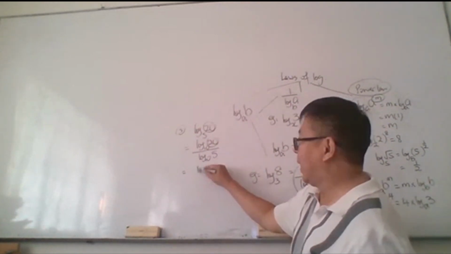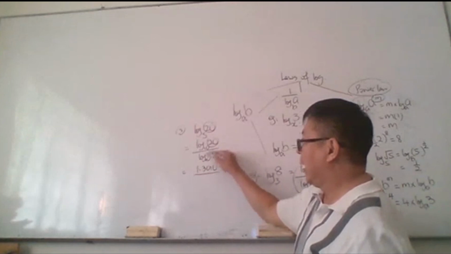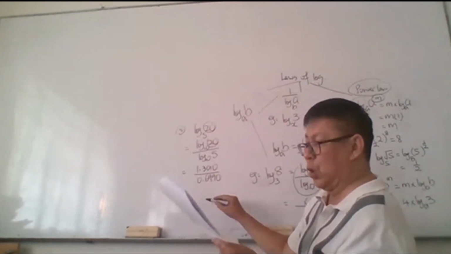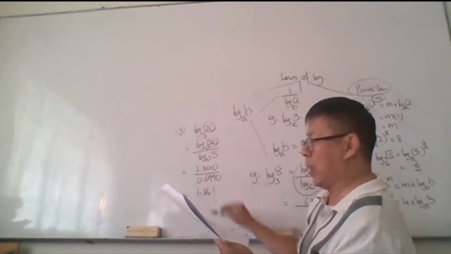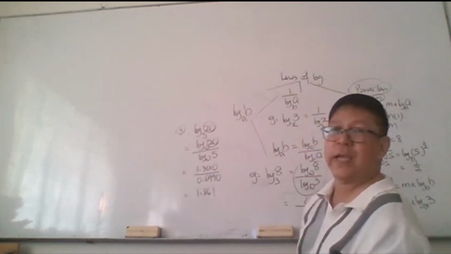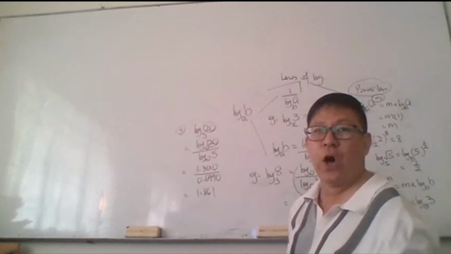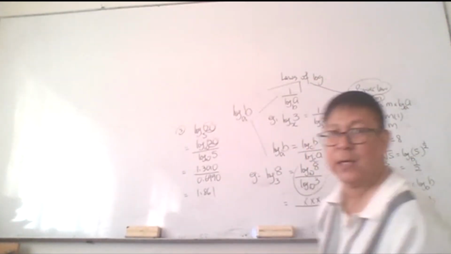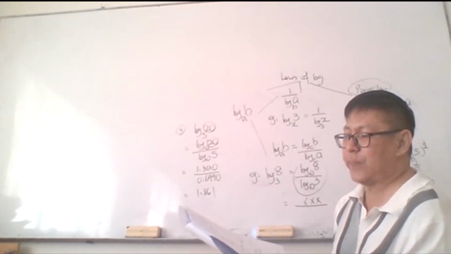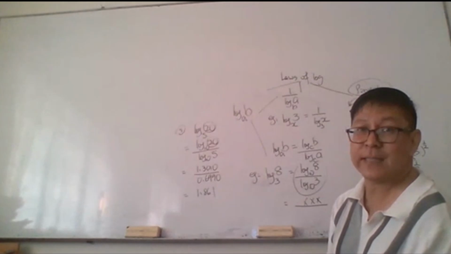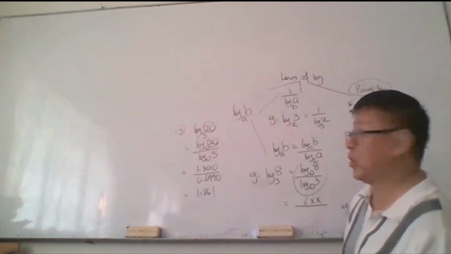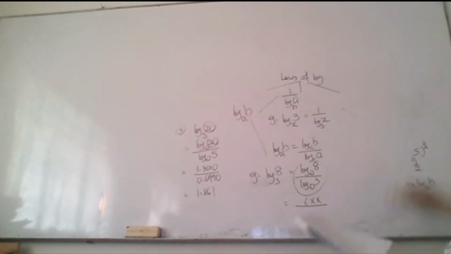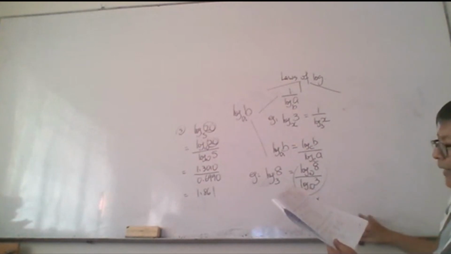So log 20 is 1.3010 and log 5 is 0.6990, and after that you will get 1.861. Usually we give our answer either in 4 decimal places or 4 significant figures, but in this question they specifically request 3 decimal places. So that's your answer.